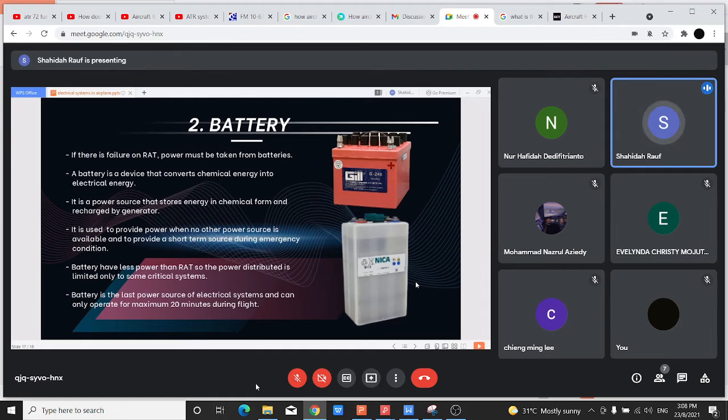So it is used to provide power when no other power source is available and to provide a short-term source during emergency conditions. The battery has less power than the ram air turbine, so the power distributed is limited only to some critical systems. So the battery is the last power source of the electrical systems and can only operate for a maximum of 20 minutes during flight.